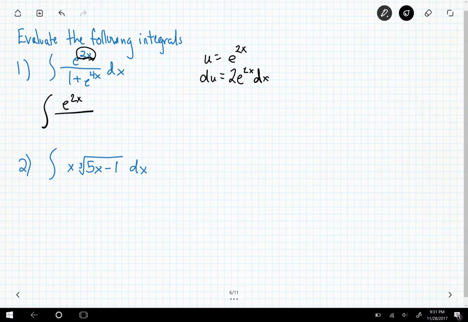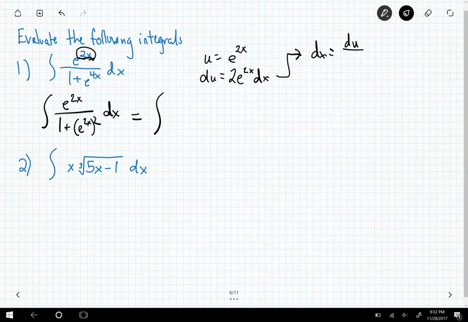So notice this is e to the 2x over 1 plus e to the 2x, the quantity squared, dx. Let's rewrite. Some people like to just catch what's matching. Other people like to solve for dx. So dx equals du over 2e to the 2x.